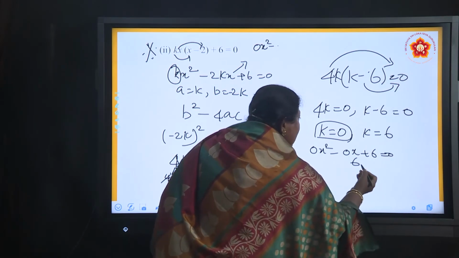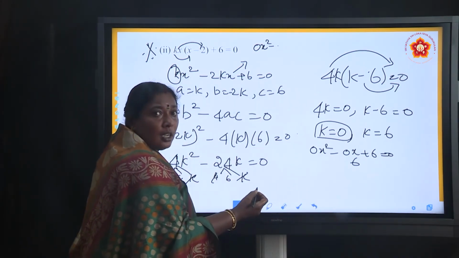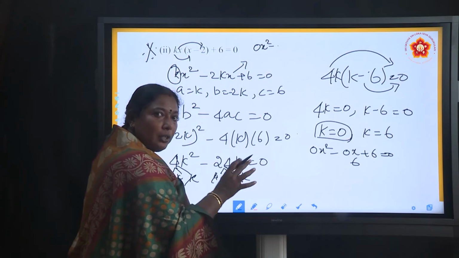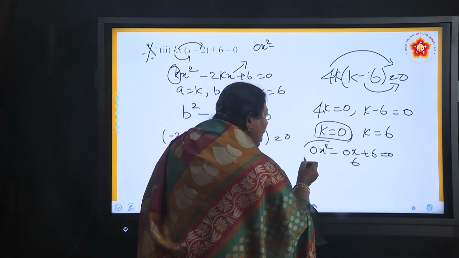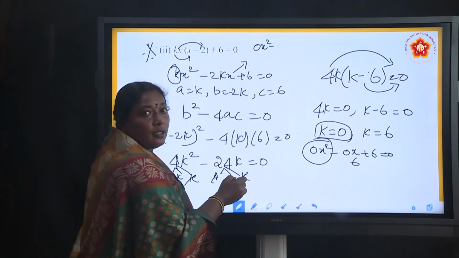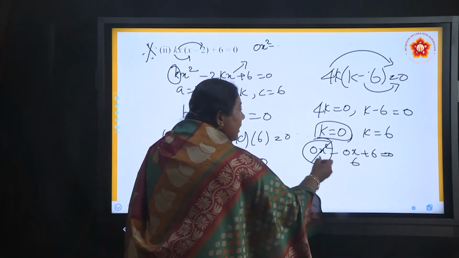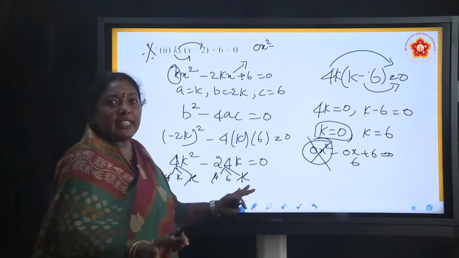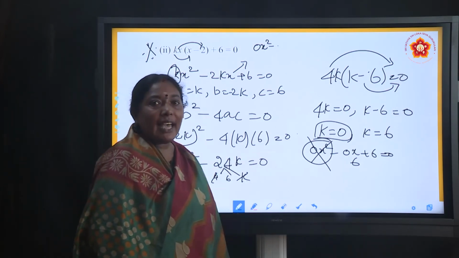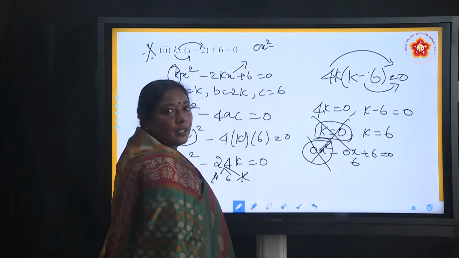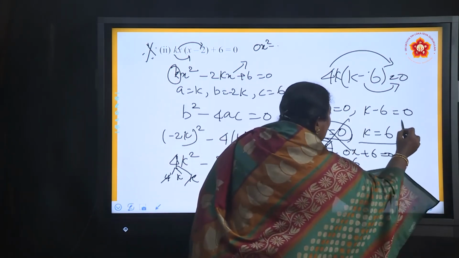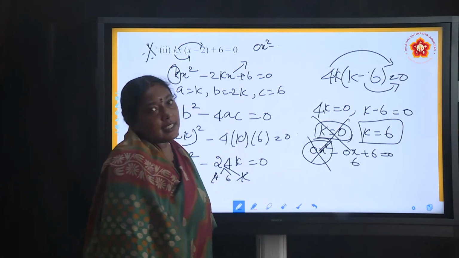That means 6 equal to 0. Are you able to get any equation there? No. Why? It is not even a quadratic equation, because I don't have the x term. So there is no possibility that I can give 0 as my answer. That is why I have to leave the 0. Now, the only option for my answer is k is equal to 6.